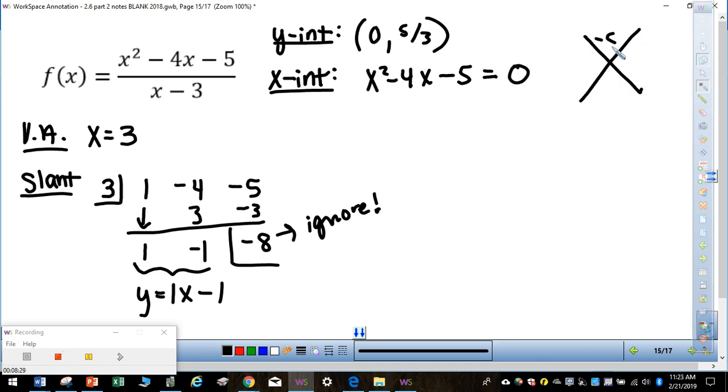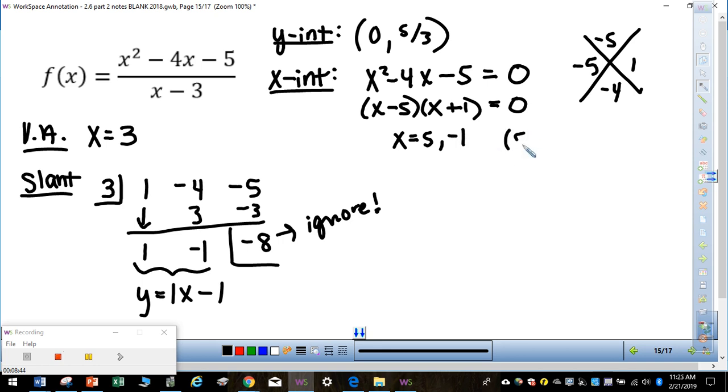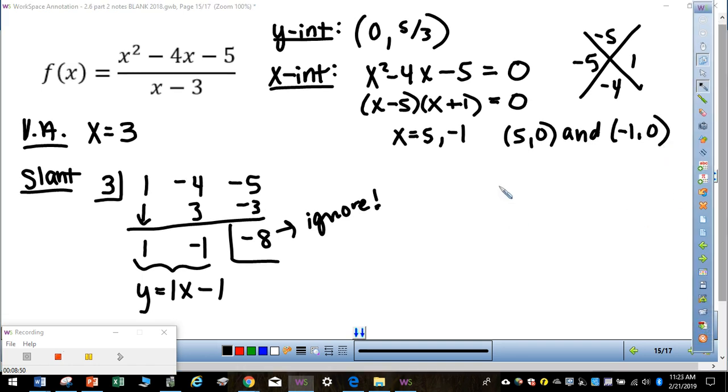Now this looks like it is one that we could factor. So what multiplies to negative 5 and adds to negative 4? Let's do negative 5 and positive 1. All right, so we've got two values for x-intercepts. So it looks like we have an x-intercept at positive 5 and at negative 1.